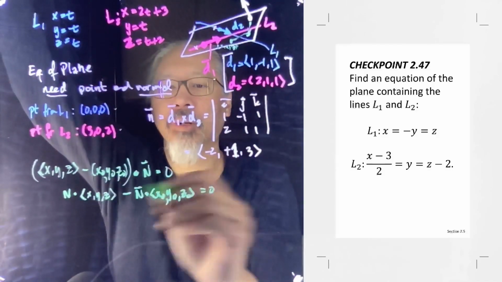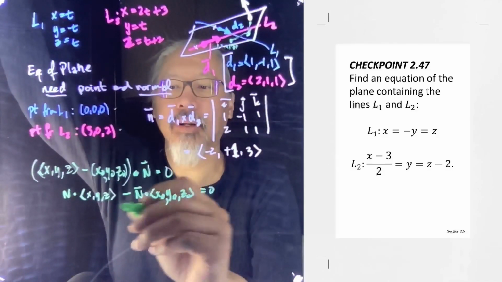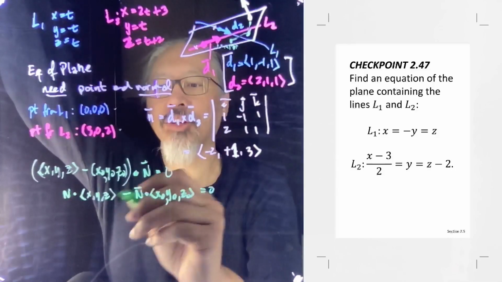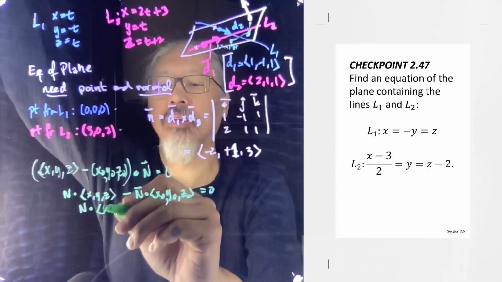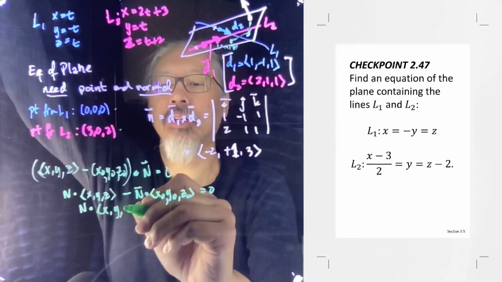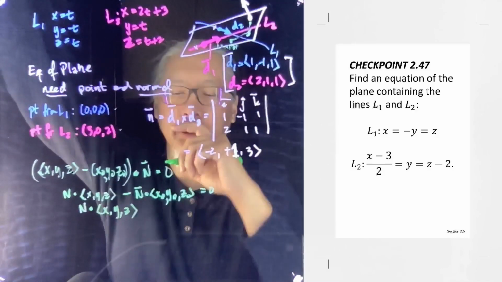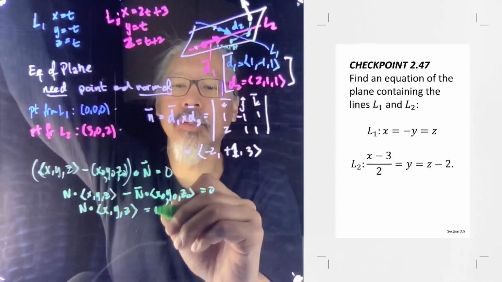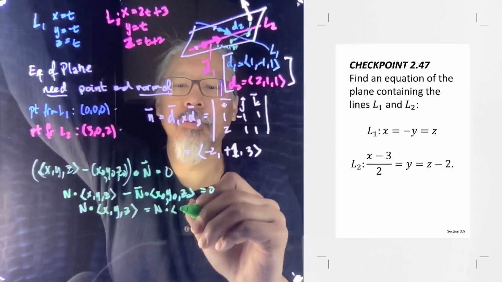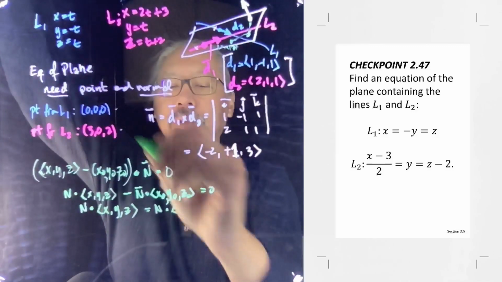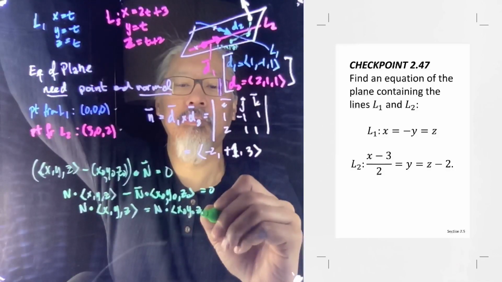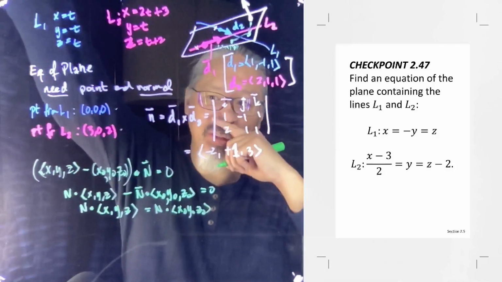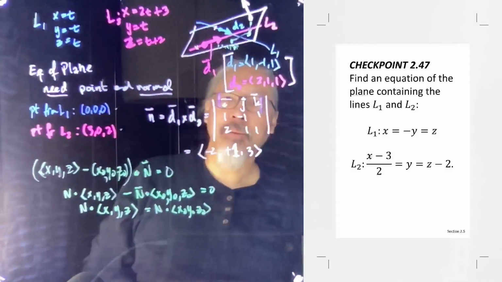So another way to rephrase the equation of the plane is the normal dotted with the generic x, y, z variables equals the normal vector dotted with one of these random points. And by random, I mean they're actual points on the plane. Okay.